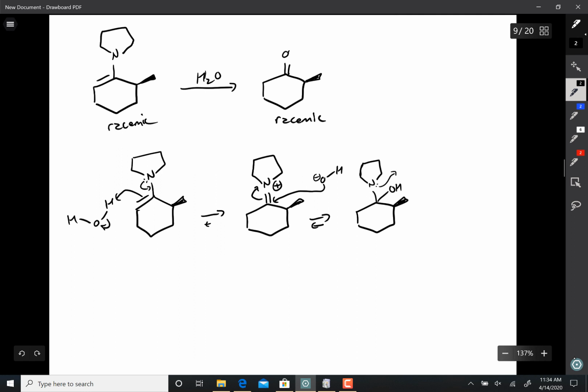Amines are slightly basic, so you can protonate the amine with water. Base takes the hydrogen off the O. Get an O minus.